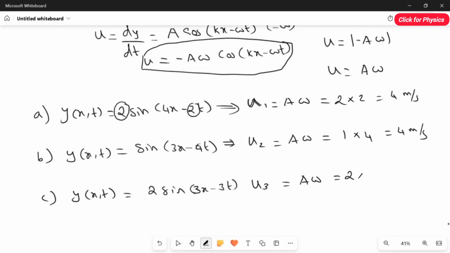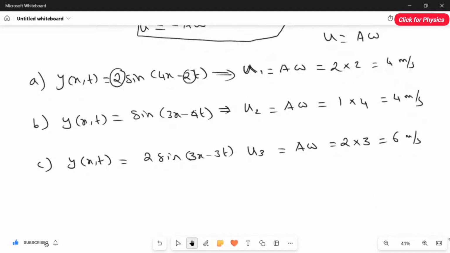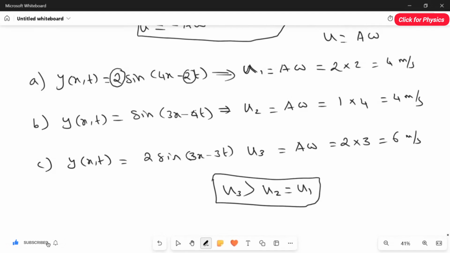So 2 multiplied by 3 is 6 meter per second. Now we have to say which is greatest first. So u3 is greatest, but u2 and u1 have the same value. So we can write u2 equals u1. So this is the answer for part B.